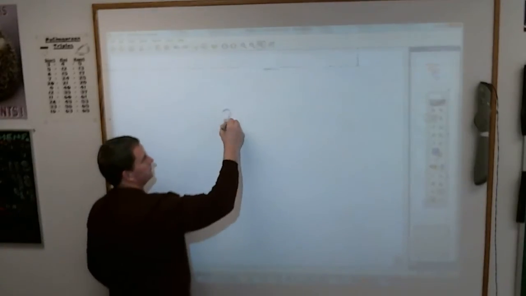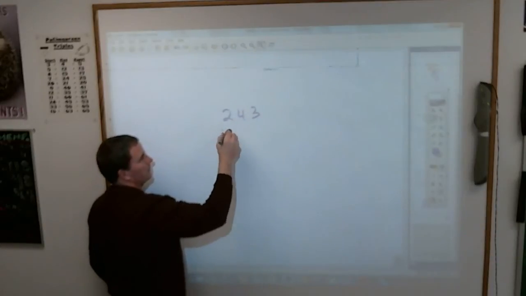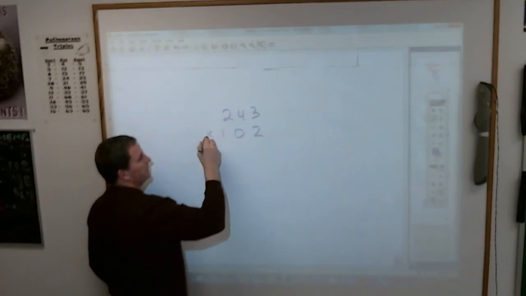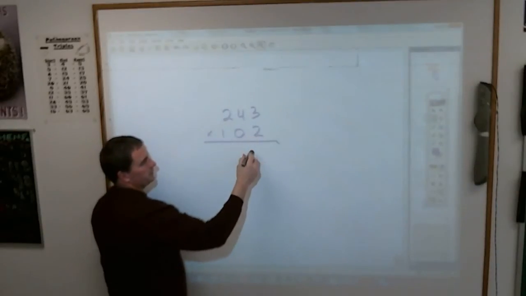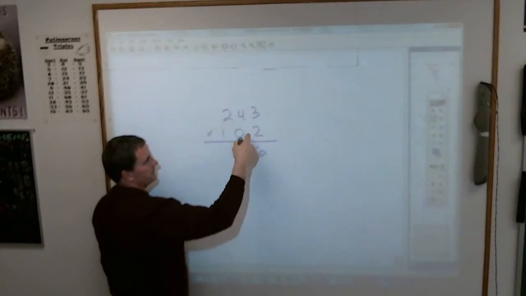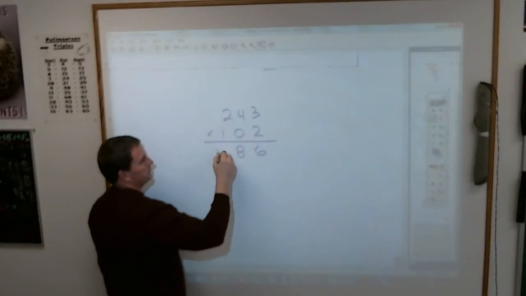What happens if the zero is kind of in the middle? What about 243 times 102? Like I said, when I do this problem, I would probably do this. 243 times 2: 2 times 3 is 6, 2 times 4 is 8, 2 times 2 is 4.